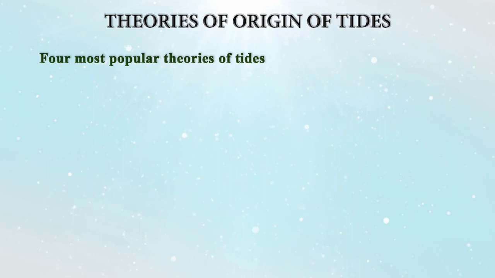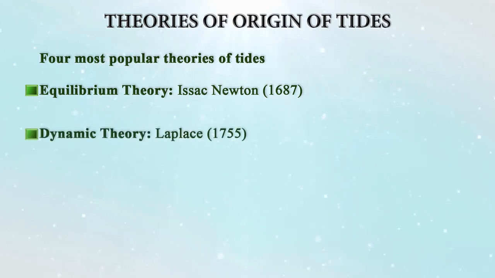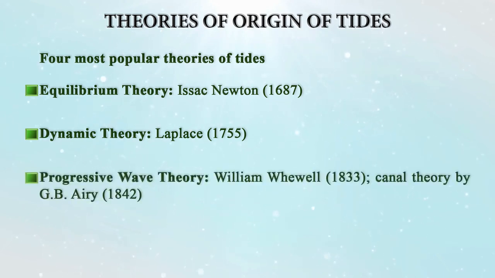And now learners, you should know about the different theories which were given related to origin of tides. We have already covered some portion of equilibrium theory, or due to gravitational force of attraction between the heavenly bodies, and this theory was actually given by Sir Isaac Newton in 1687. Then came the dynamic theory of Laplace in 1755, and then came the progressive wave theory of William Whewell in 1833.